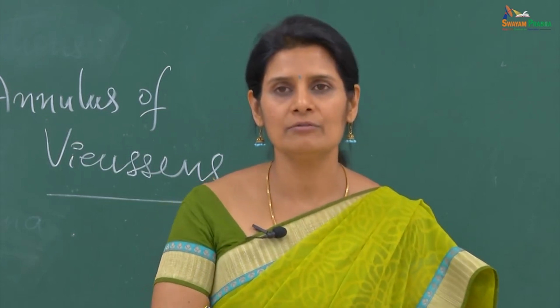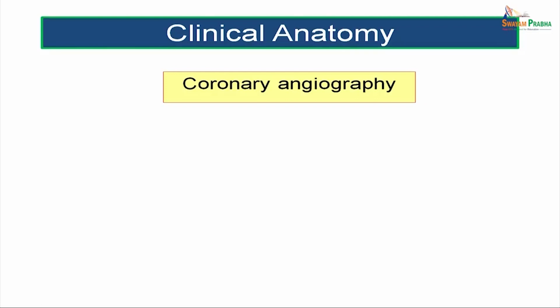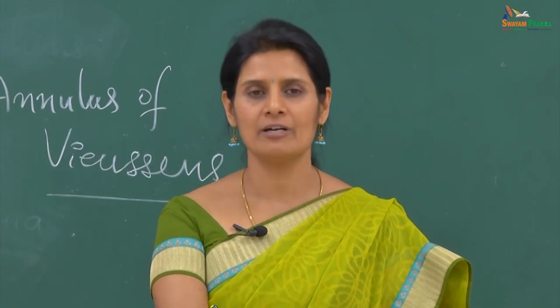Next, we will look at the clinical aspects related to the coronary artery. Coronary arteries can be visualized by injecting a radio opaque dye to pass through them. How do you approach the coronary arteries?